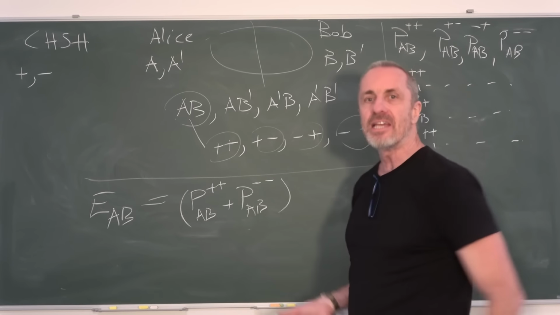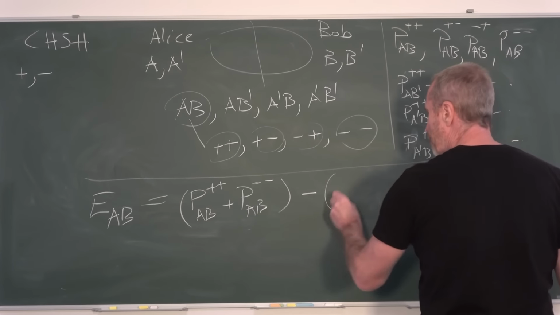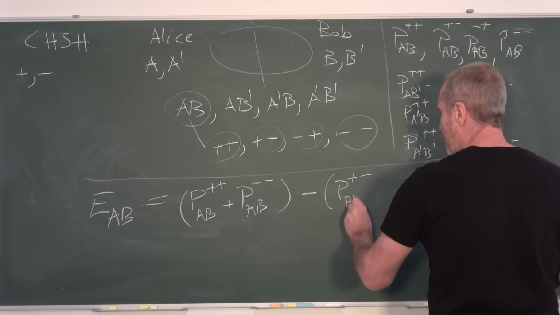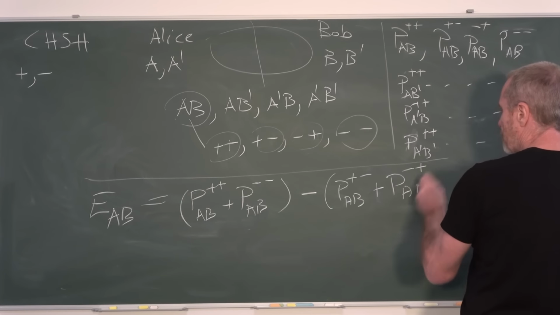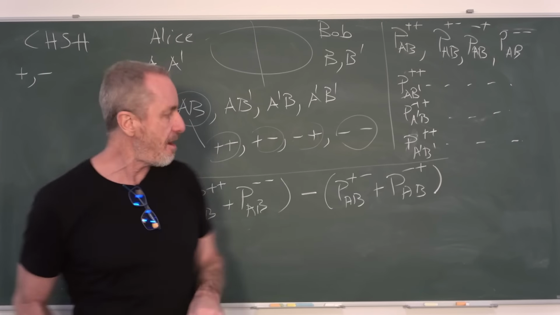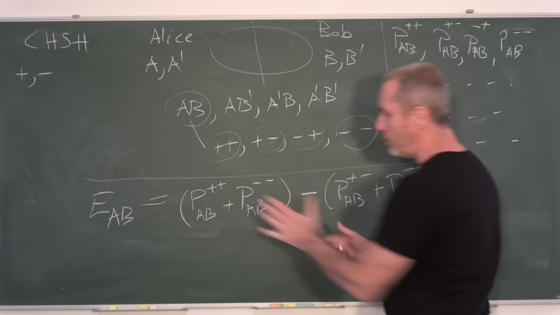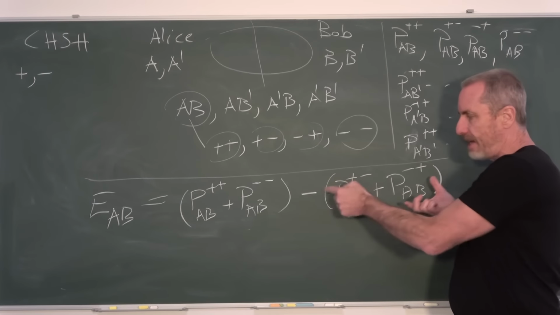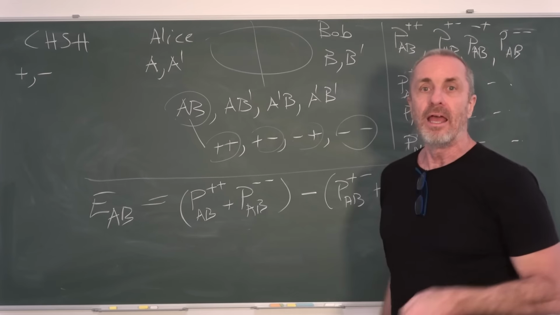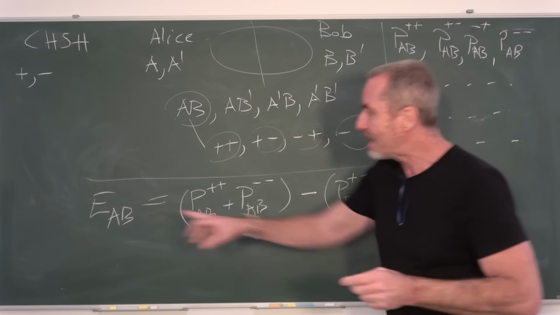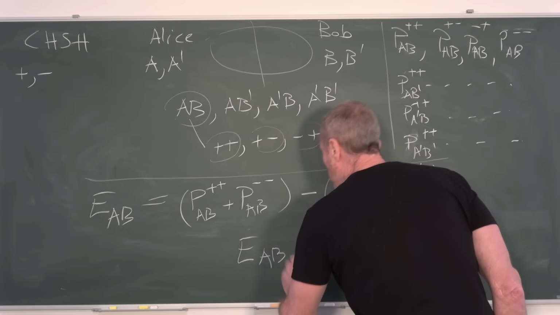So we could say that this is the probability for correlation, and then we want to subtract the probability for anti-correlation, which is the probability plus-minus plus the probability minus-plus. So you see, if we have perfectly correlated outcomes, this first term will be equal to 1, and this term with a negative sign will be equal to 0. So E will be equal to 1 if we have perfect correlation, and E will be equal to minus 1 if we have perfect anti-correlation.